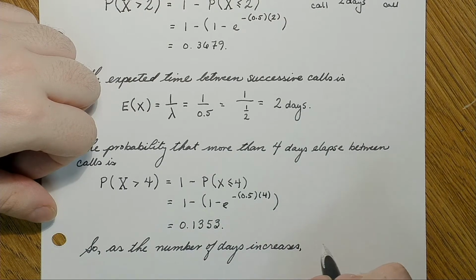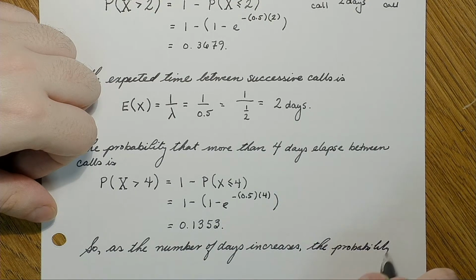As the number of days increases, the probability decreases.